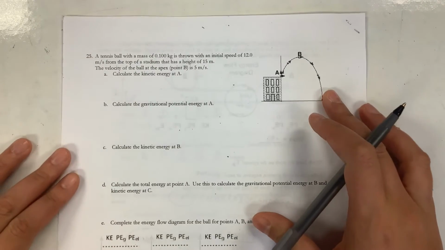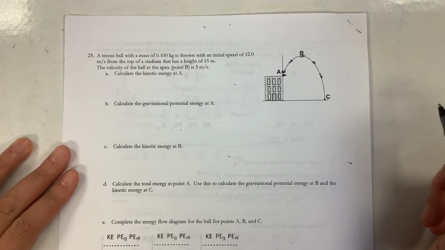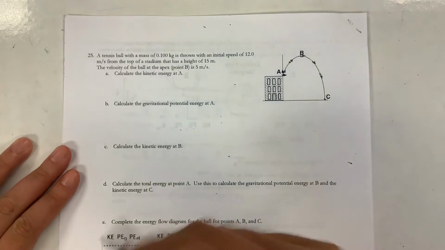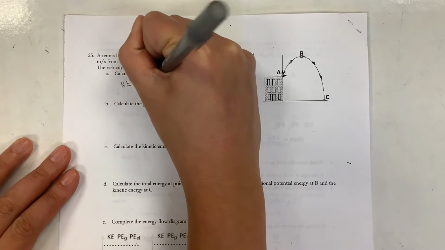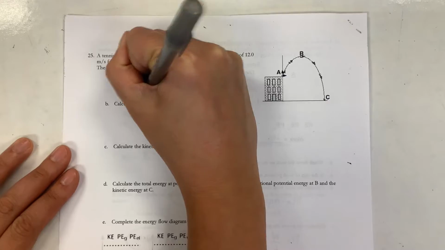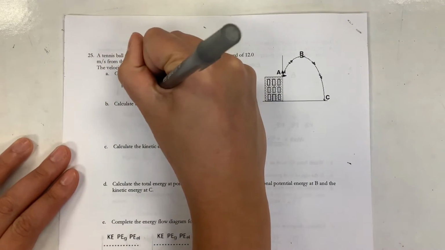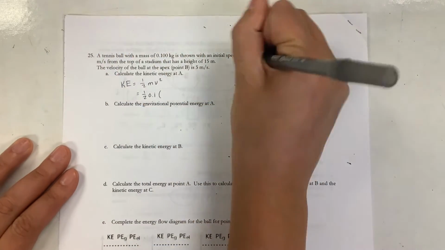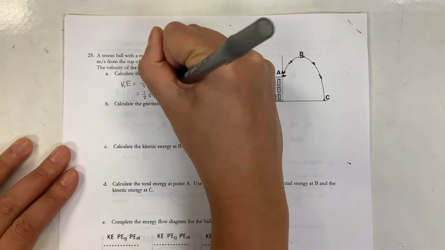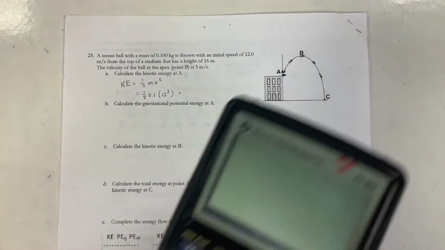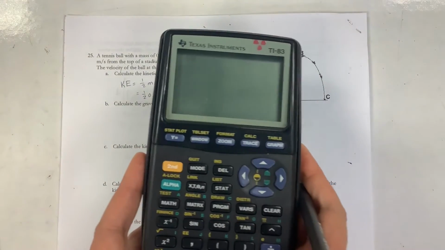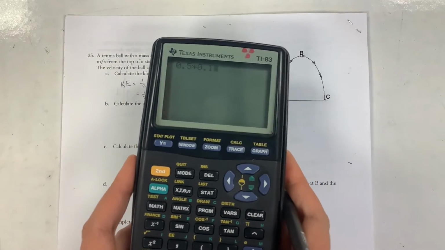On to the last problem then. A tennis ball with a mass of 0.1 kilograms is thrown with an initial speed of 12. So let's do that kinetic energy. I know both its mass and velocity, so that's 1/2 times 0.1 times 12 squared. Remember in your calculator when you do kinetic energy, do the 1/2 times 0.1 first.